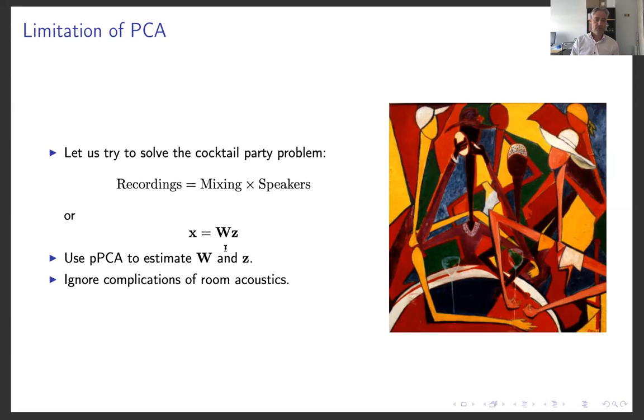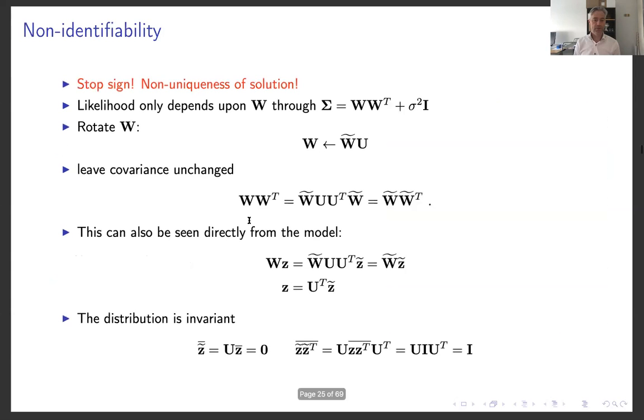Then we arrive at this linear model with, of course, some obvious simplifications. And this looks like something that we could use PCA for, right? So we can actually try to use PCA for this, but as you probably know, this is not possible.